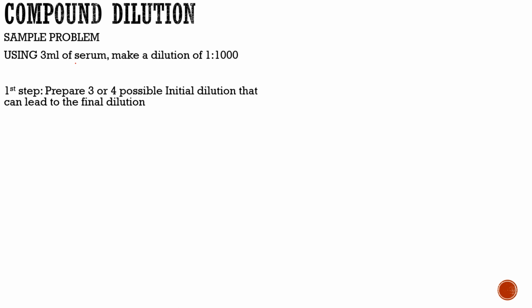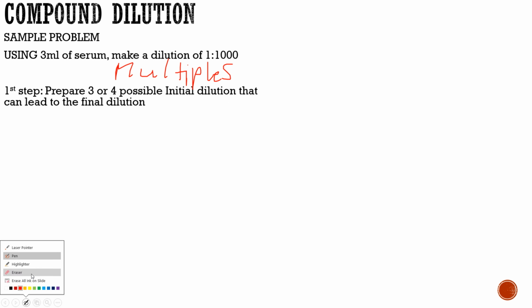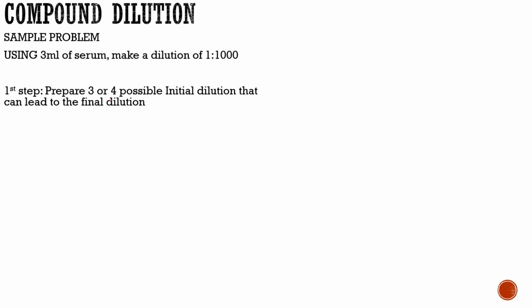So try mo mag-apply yung mga rule ng multiples. Babalik tayo sa math class. But if you have a weak foundation on mathematics, I'll try to help you. So kung ako kasi usually nalilito rin ako dito dati, but I'll try to simplify it. So you need to think of possible small initial dilutions, usually 3 or 4 class.